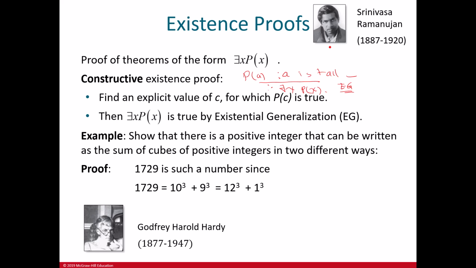According to the story, he was sick, and Hardy visited him, and he noticed that the taxi bears the number 1729. Hardy told him, "Oh, what a boring number," to which Ramanujan responded, no, it's very interesting.